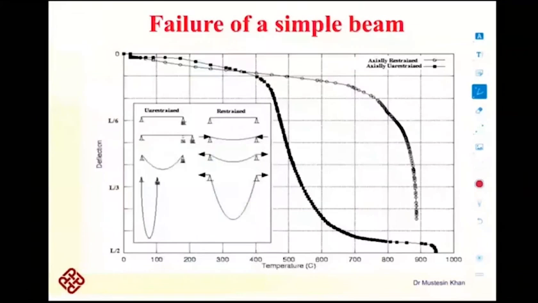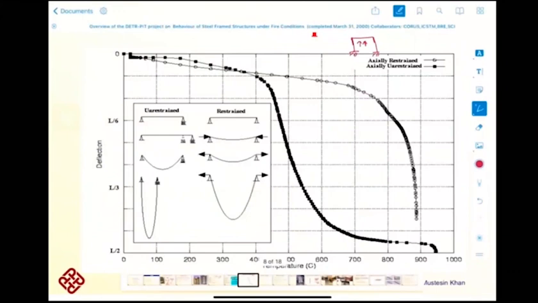So now you know the behavior of an unrestrained beam, but in a real life structure, a beam is 99% restrained. It means you are stopping it from expansion. For example, if this is a column, this is a beam, and if you heat this beam from the bottom, it will try to expand, but these columns, as you can see here, will stop it from expansion.